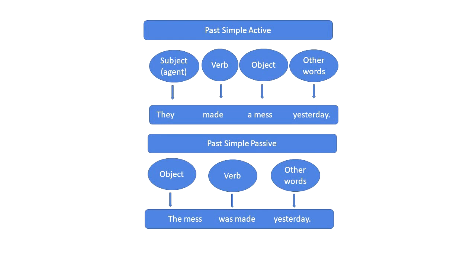Why? It's because we probably don't know who the agent was, and we don't have relevant information, or simply put, the agent or the subject is not relevant in this case.